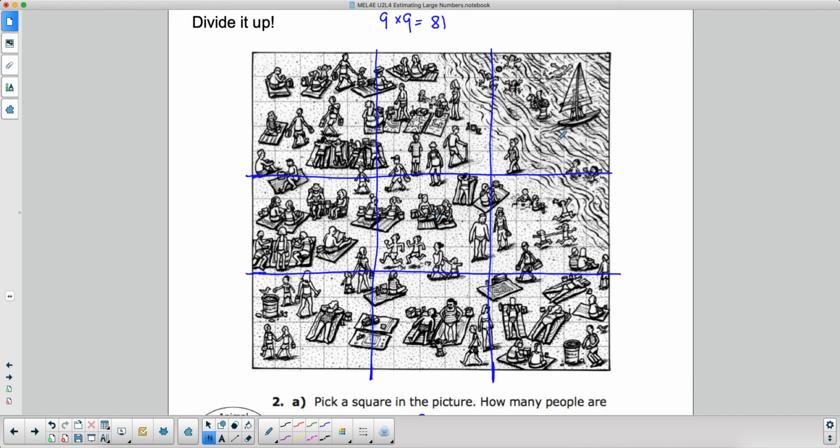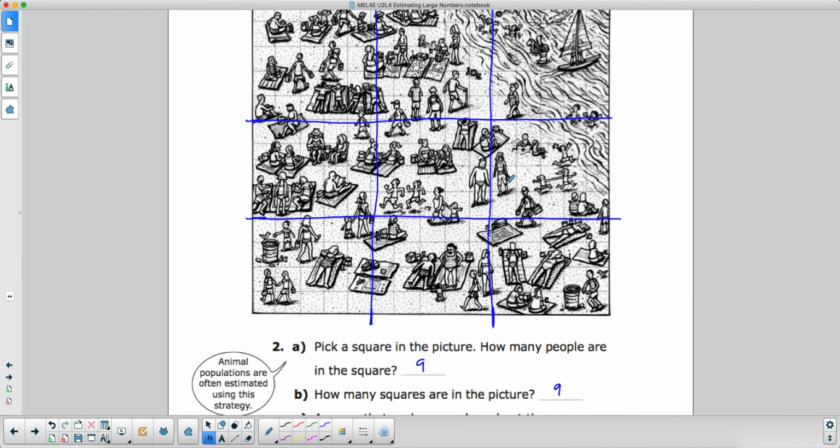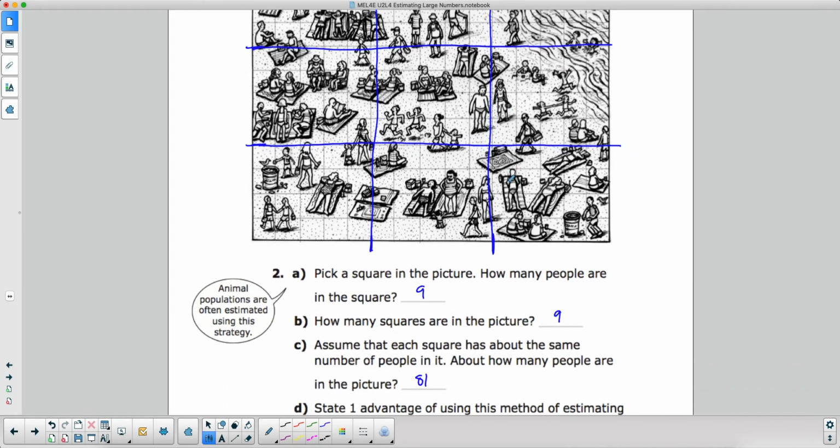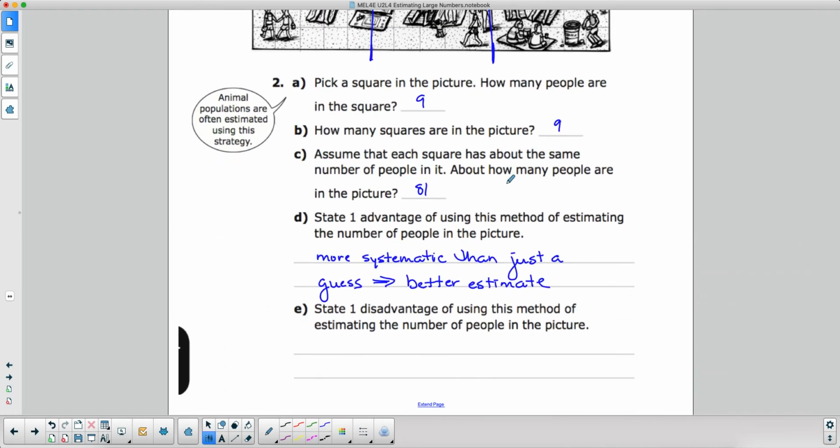So there are some spaces where the people aren't evenly spread out. So what that will do is lead to an overestimate.